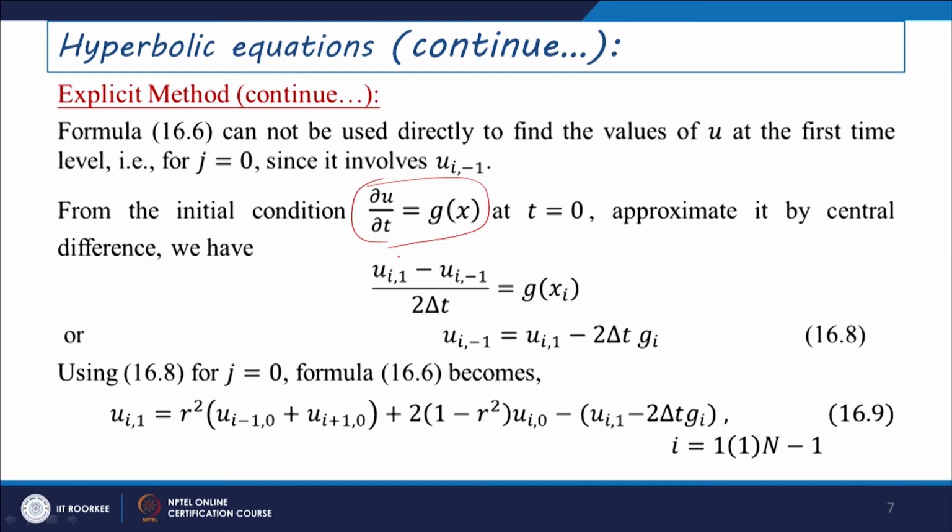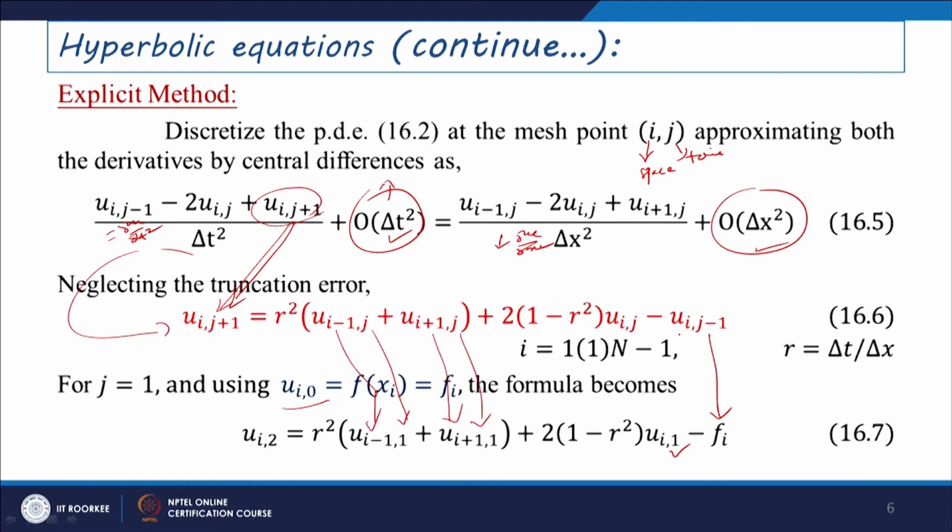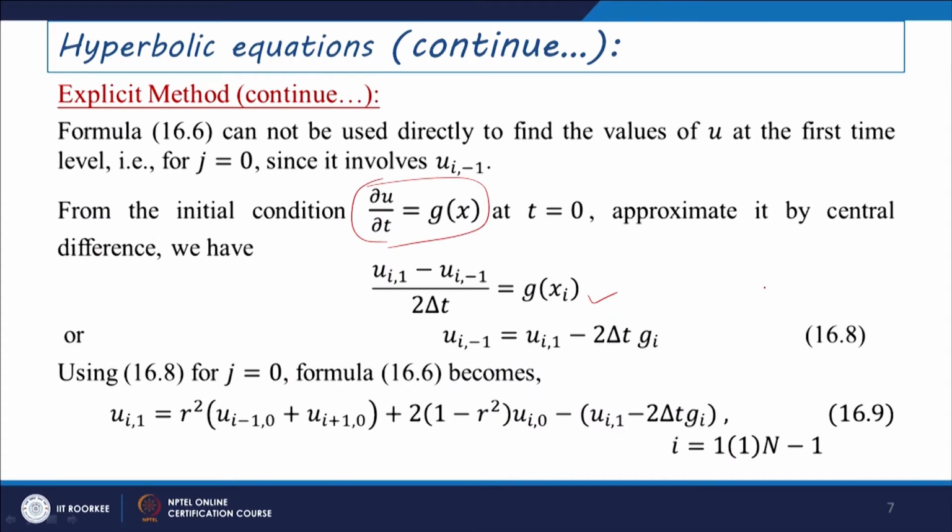And if we write the central difference scheme for this formulation, then (u_{i,1} - u_{i,-1}) / 2Δt equals g(x_i), and u_{i,-1} can be written as u_{i,1} - 2Δt g_i. So, for j equals 0, if we put it directly here, this gives u_{i,-1} itself. So, this creates a problem for the calculation of this equation.